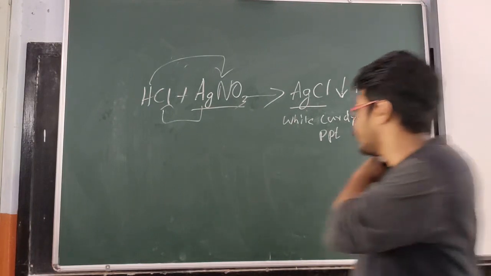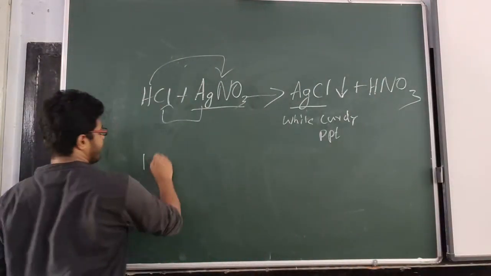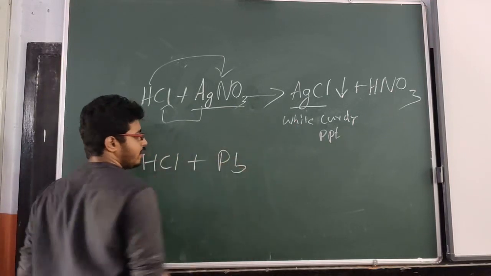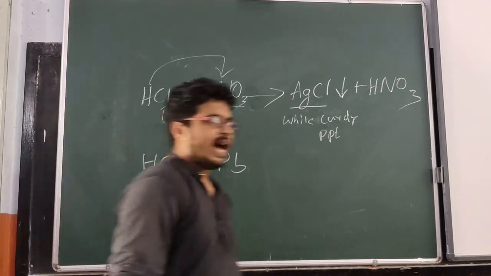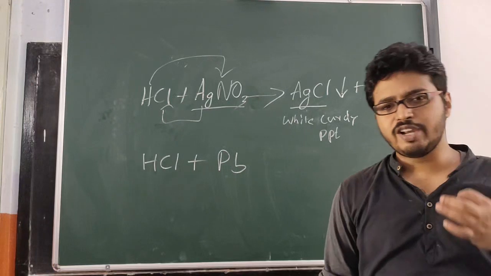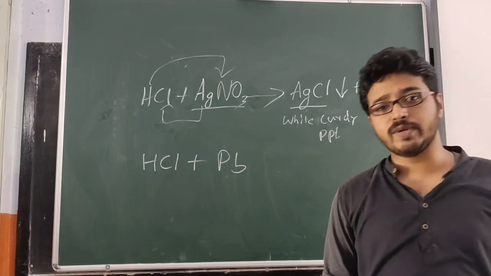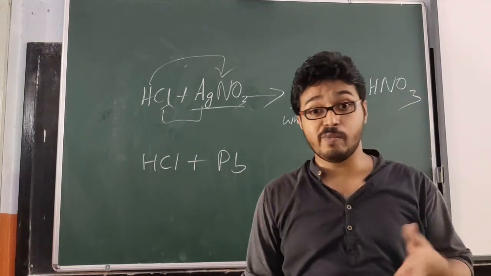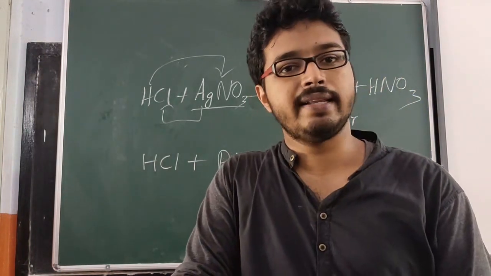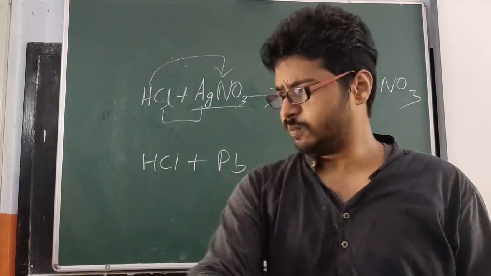Now, we are going to do the next reaction, that is the reaction of HCl with another lead compound, one that is soluble in water. There are only two compounds of lead that are soluble in water. One is lead chloride, that is soluble in hot water.